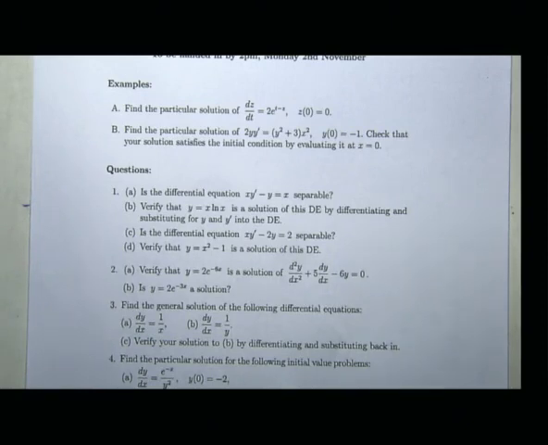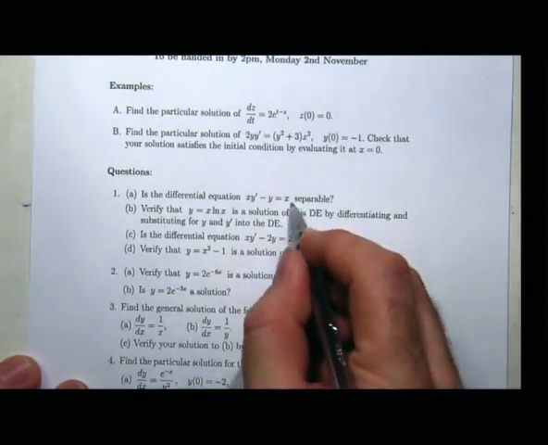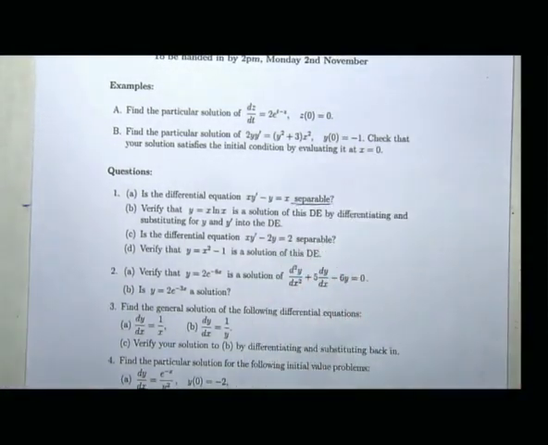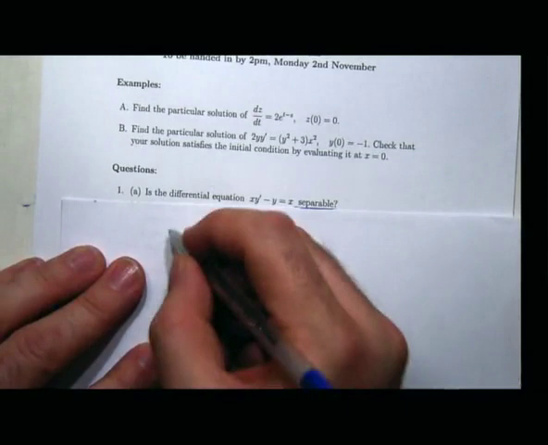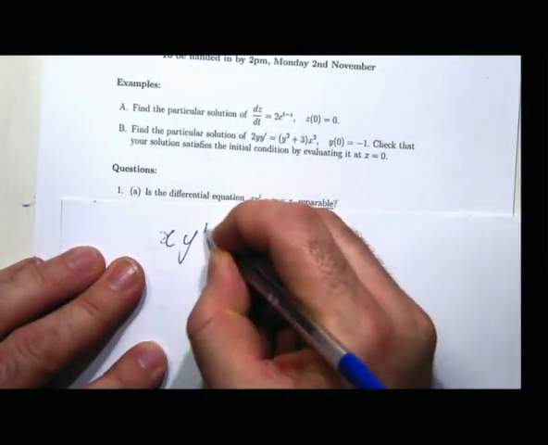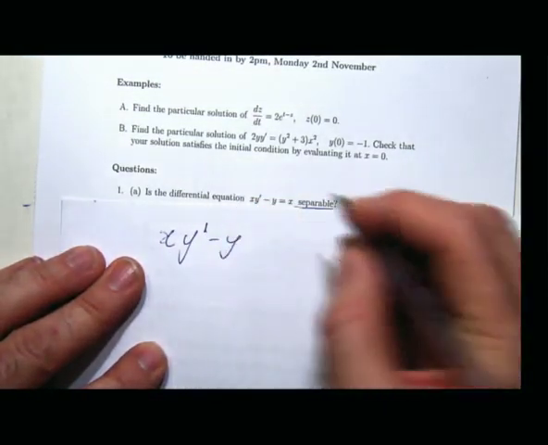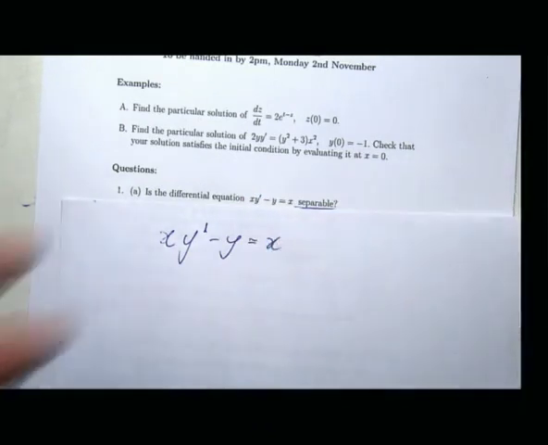I'm going to point out this word in this question here. The question is: is the differential equation separable? Being separable means that I can write my equation, so let's work with that one. We've got x times y dashed minus y is equal to x.